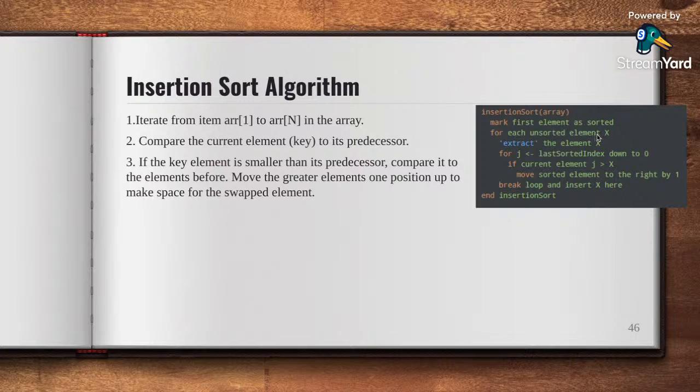For each unsorted element, extract the element x. For j from the last sorted index down to 1, if the current element j is greater than x, then move the sorted element to the right by 1; otherwise break the loop and insert the element here.